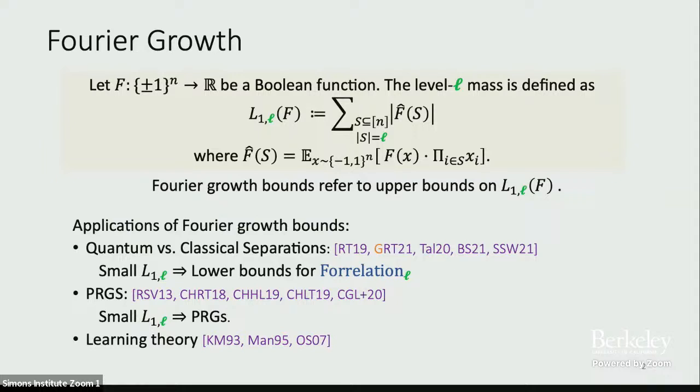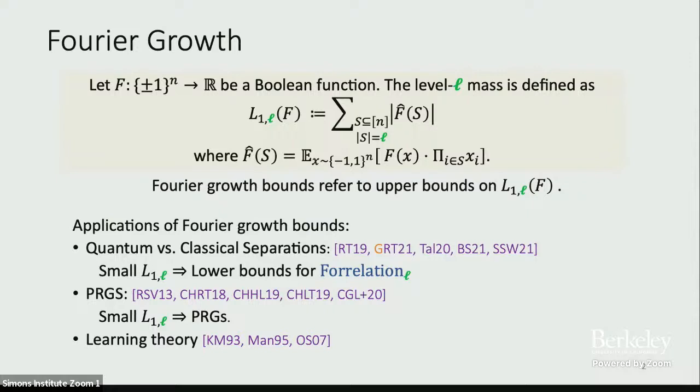It turns out that Fourier growth bounds have applications in many areas. So in the field of quantum versus classical separations, it turns out that Fourier growth is exactly the key distinguishing concept between quantum and classical. Quantum algorithms can compute functions that have large Fourier growth, but classical algorithms cannot.